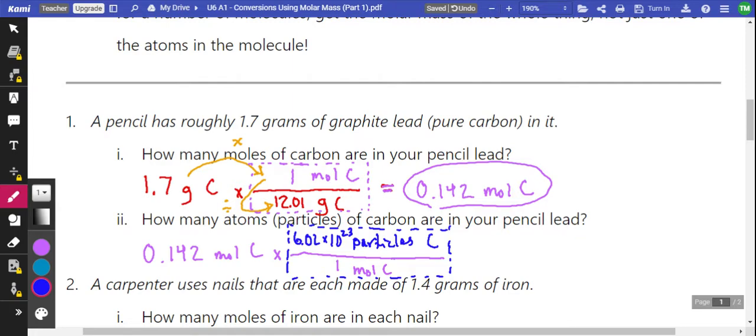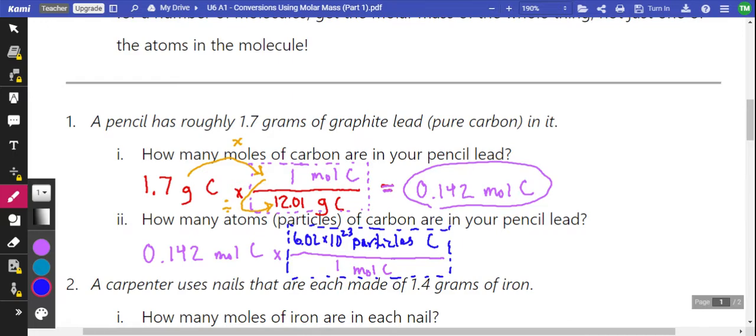This 6.02 times 10 to the 23rd can be a little bit tricky to put in your calculator, especially if it doesn't just write the math like you would. Sometimes you have to kind of work backwards, or there's like a little capitalized E that means times 10 to the, and that kind of thing. So if you're not sure how to get this to work in your calculator, let me know and I can help you out. But either way, we're going to take 0.142 times 6.02 times 10 to the 23rd divided by 1.